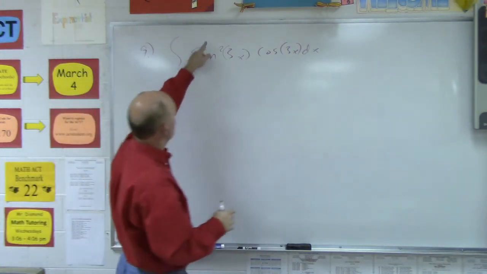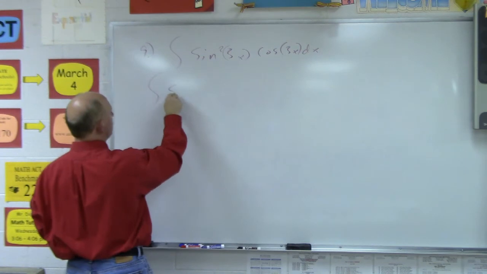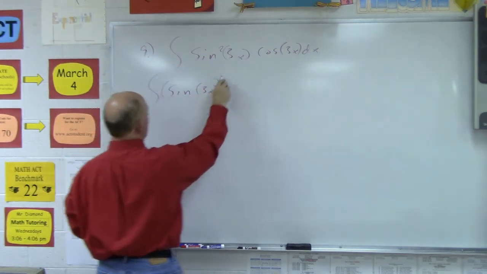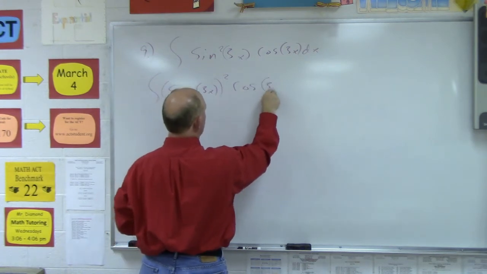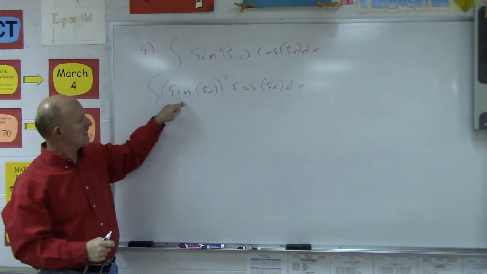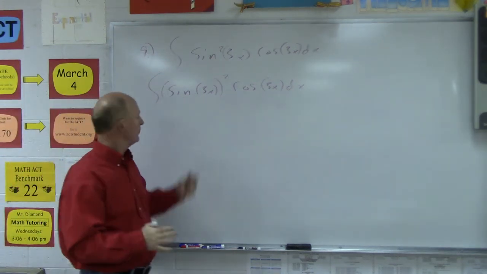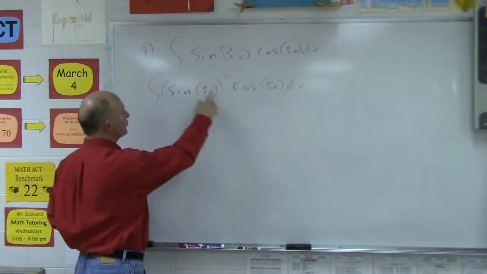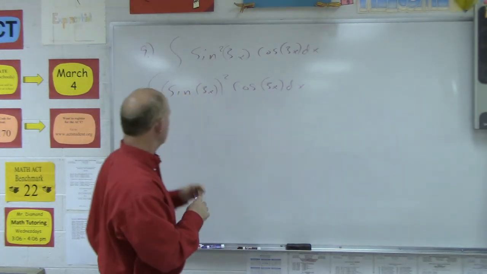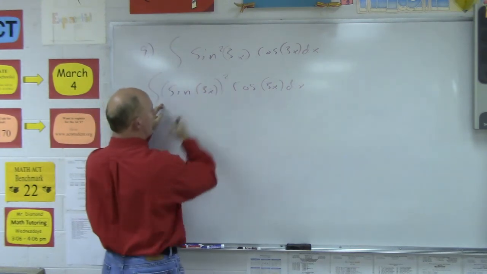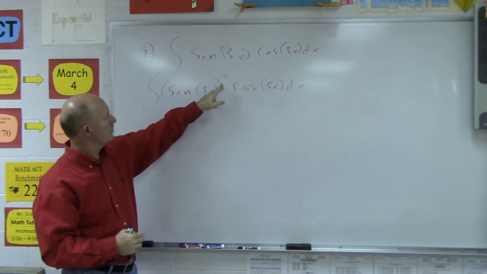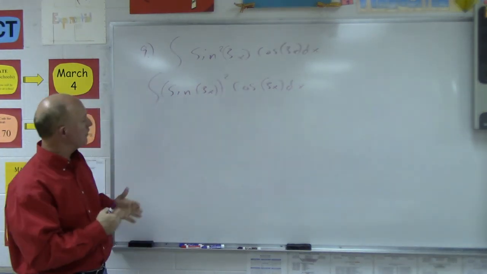First you're going to notice sine squared 3x is the same thing as the integral of sine quantity 3x squared times cosine 3x dx. So sine squared 3x is equivalent to this right here. That's the entire sine. Sine 3x is all squared. As we get started, we've got this sine 3x to the second power here. So I can see sine 3x would be the inside part of my function. The 2 here would be the outside part of my function.